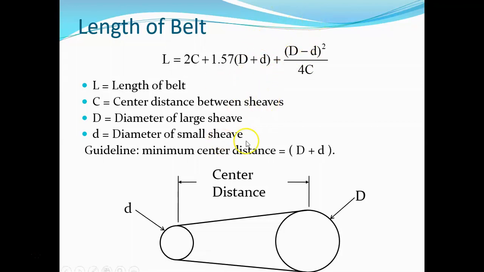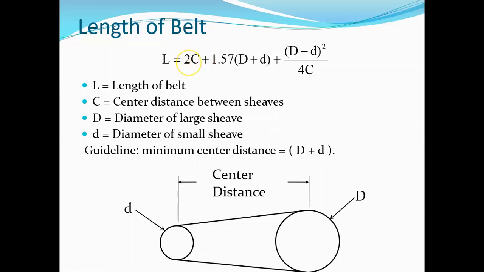So 0.111 plus 18.84 for this middle section plus 72 for this first section is going to come out to be 90.95 inches. And you'd round that up to a 91-inch belt.